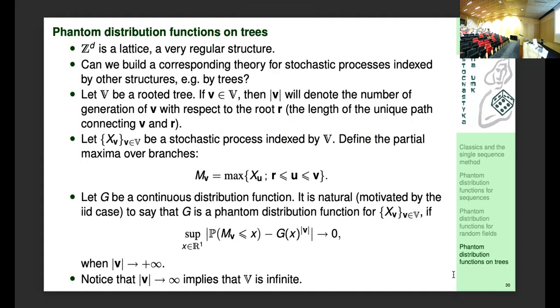So we have such maxima over the branch, but for this definition we need convergence independently of the branch. It's not along the branch. And of course, the other approach is to compute the phantom distribution function along the branch, because we know how to do that. It's simple in a sense, but then we need some kind of compactness. Okay, so thanks for the comment.